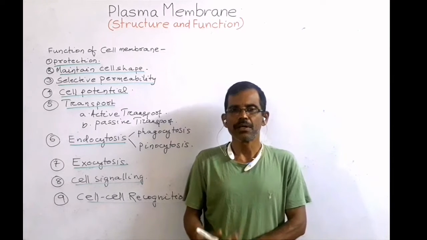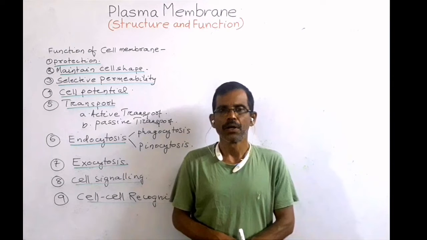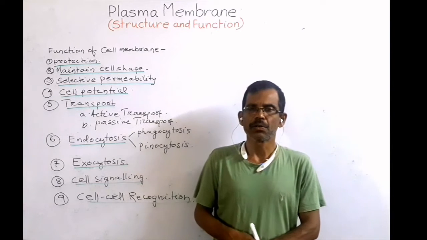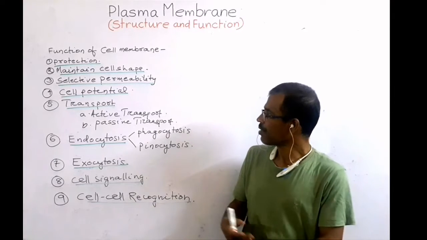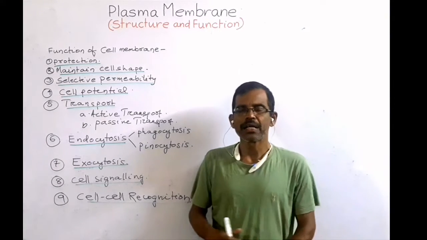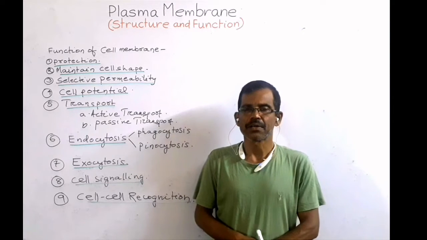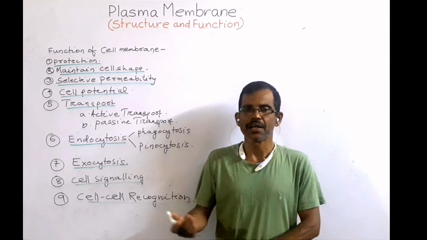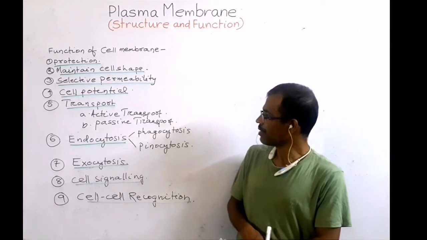The metabolic energy comes from the hydrolysis of ATP, or the energy can also come from an ion gradient or from some other source. So in active transport, molecules and ions are transported against the gradient from one side to the other side of the cell.